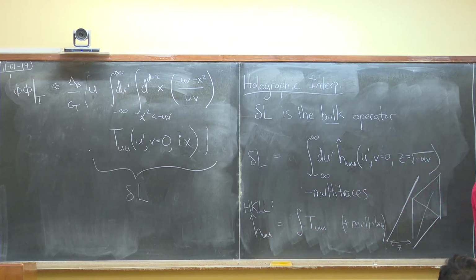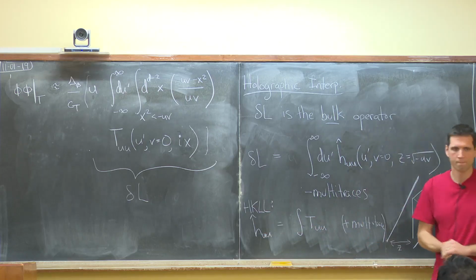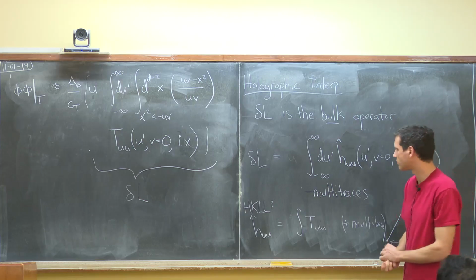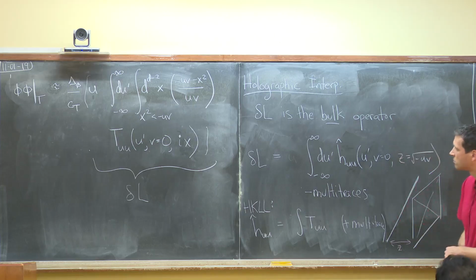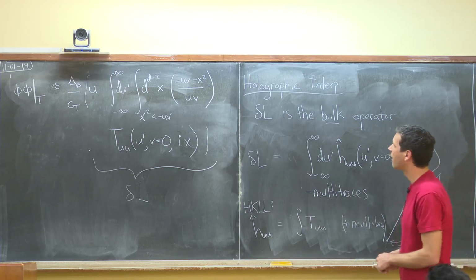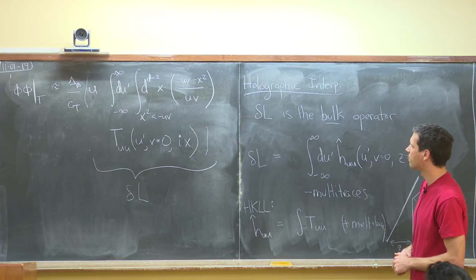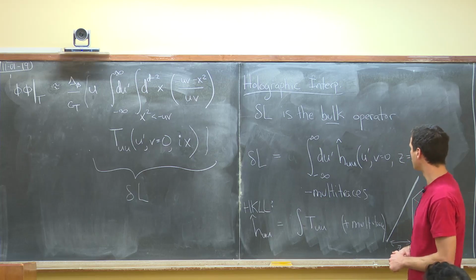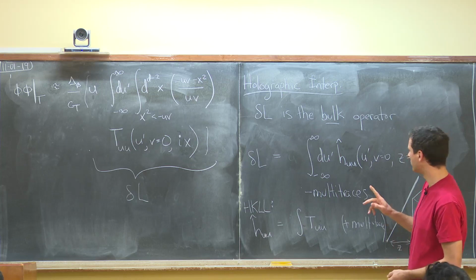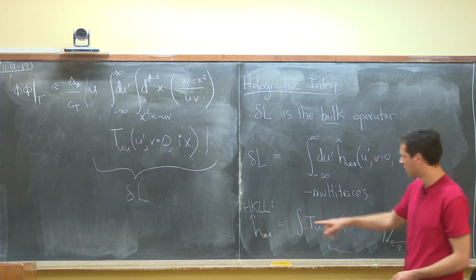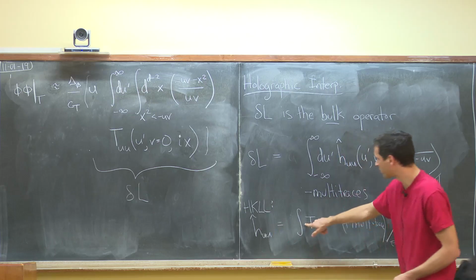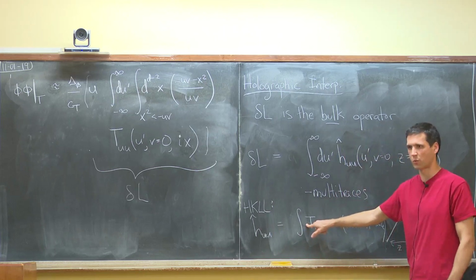So I missed something. That factor of minus UV minus x squared divided by UV up there in the x integral, that exactly is the boundary-to-bulk propagator? It's a little more complicated than that, because, let's see, why is it more complicated? There's an extra direction that's been integrated over here. So actually the bulk-to-boundary propagator for the stress tensor is just 1.